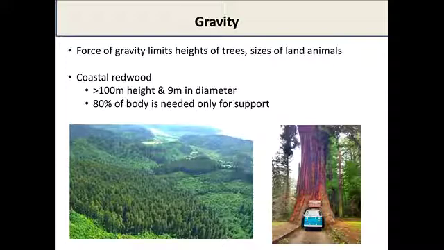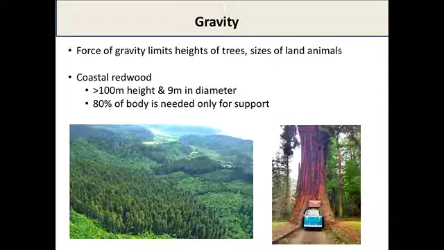Gravity is one of the key restraints to that. When you're trying to grow higher and higher to get more and more light, you're constantly pushing against the force of gravity. The most stark examples of this are the redwood forests we see on the west coast. These are amongst the largest and oldest trees on the planet.